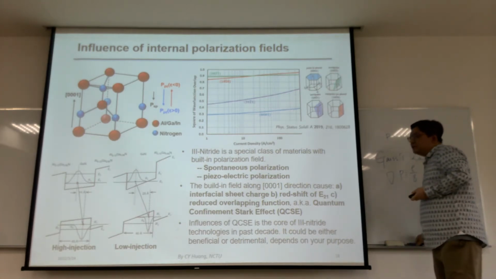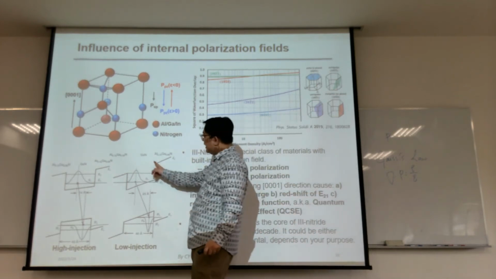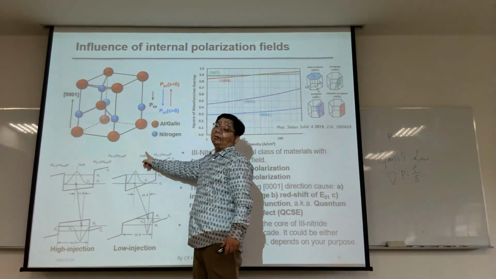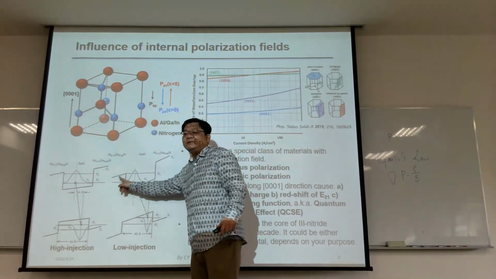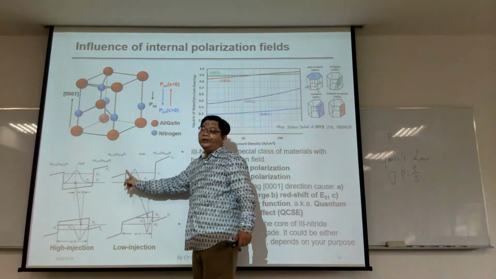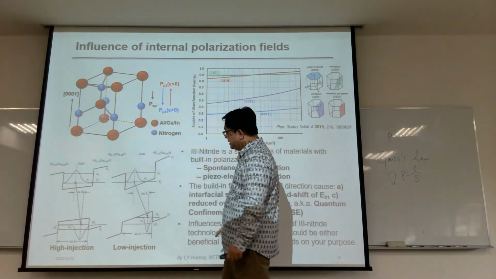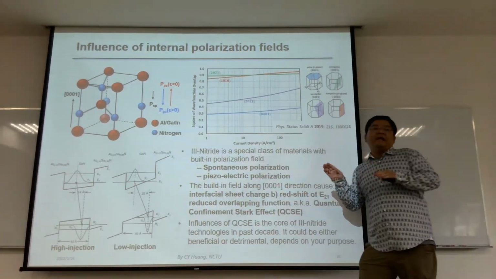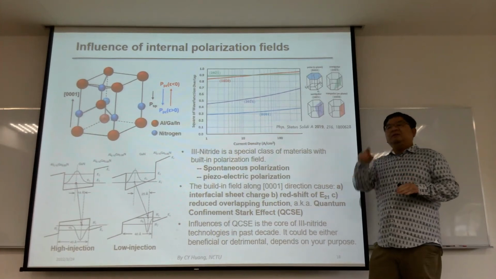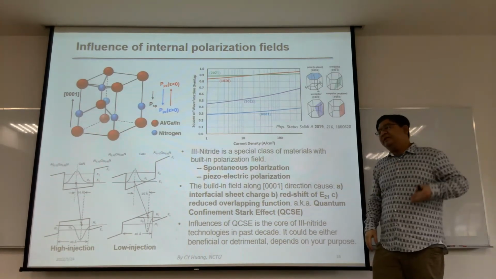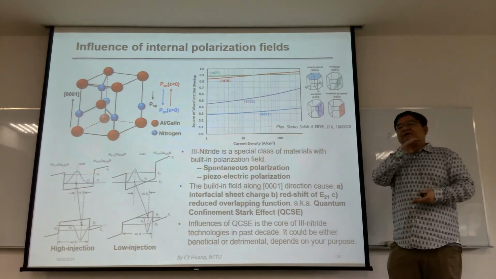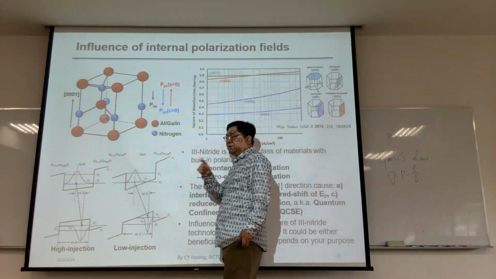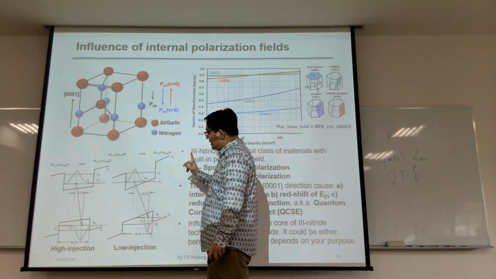Since the polarization of one material differs from the other, for example aluminum gallium nitride and gallium nitride have different P, delta P at the interface is an infinite value. So it has a delta function at the interface. Such delta functions at both interfaces make the band diagram a serrated structure. Serrated means just like the edge of a saw, high and low, high and low.